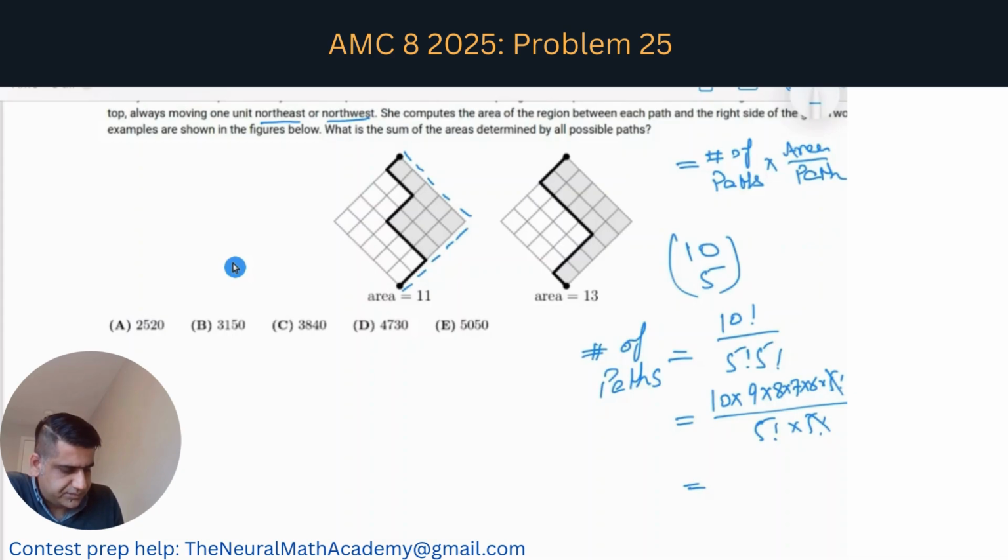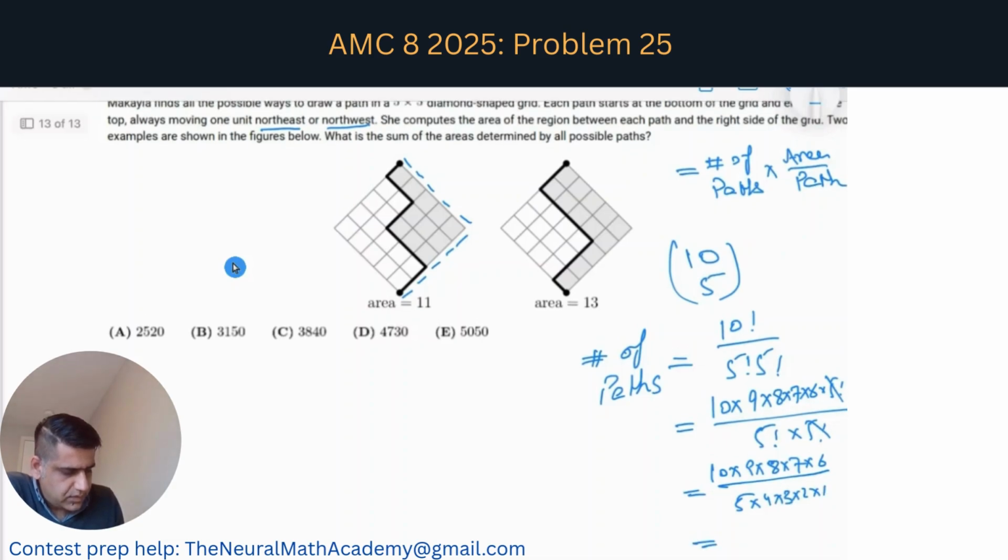So if I multiply, I will get 936 multiplied by 7, and so I will get 252.